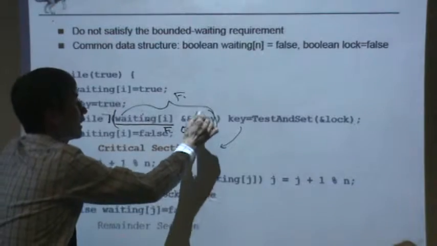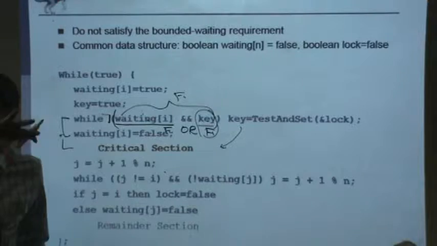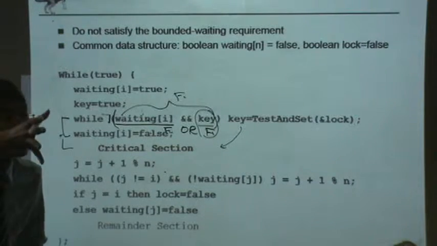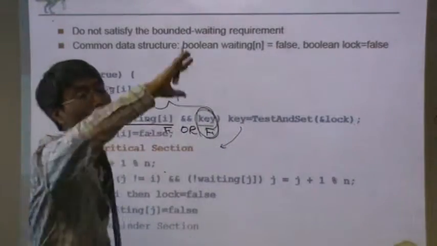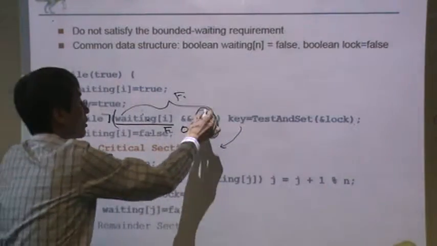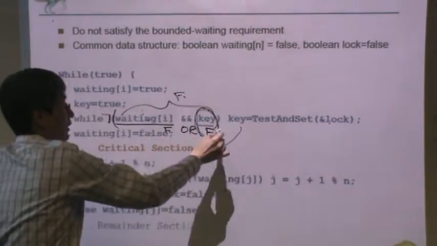If the key is false, that is the same as the previous algorithm. If you swap or test and set the key, at that time you can enter the critical section, which means the other process released the lock.